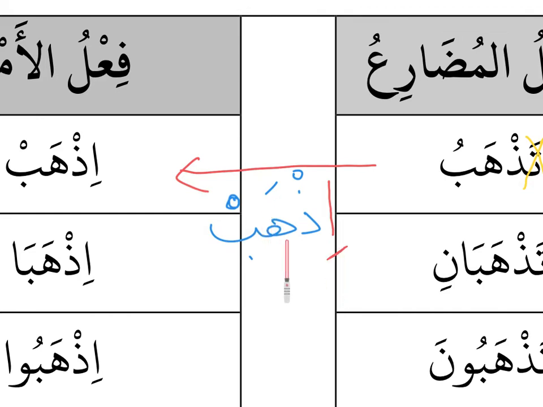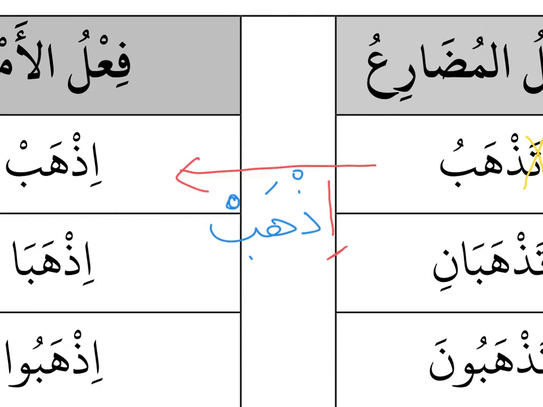What if the middle letter is a kasrah, he? The alif is also read with a kasrah, e, as well. So for two conditions: first, if the middle letter is with a fatha, ha, then the alif is e. Second, if the middle letter is with a kasrah, he, the alif is also with kasrah, e.